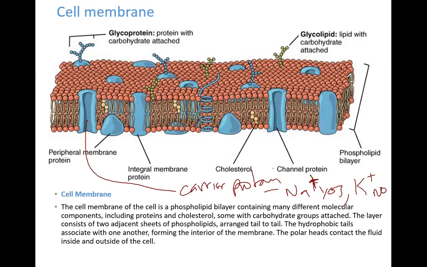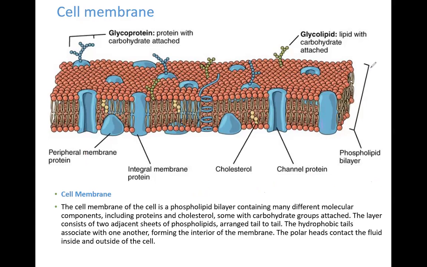Potassium, no. Sodium can go out of the cell, but potassium can't. Or potassium can go into the cell, but sodium can't. The carrier proteins are a whole lot more specific. In fact, carrier proteins deliver glucose to our cells, sugar to our cells.